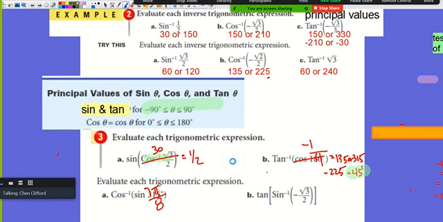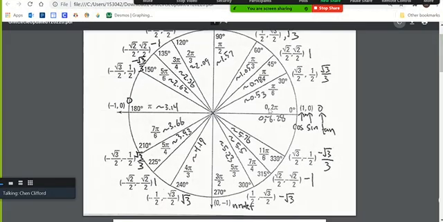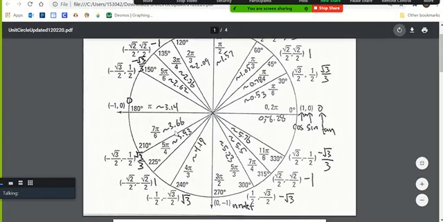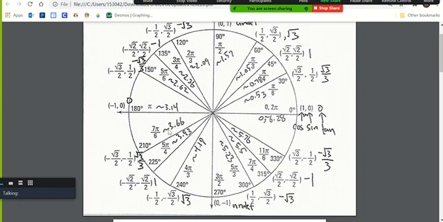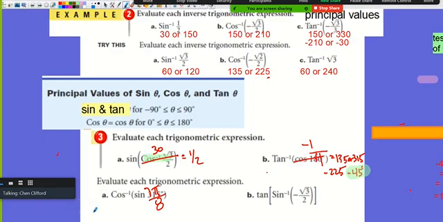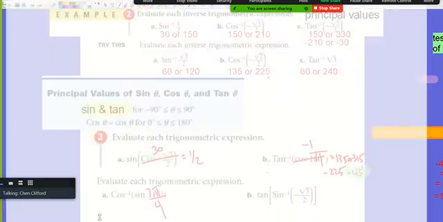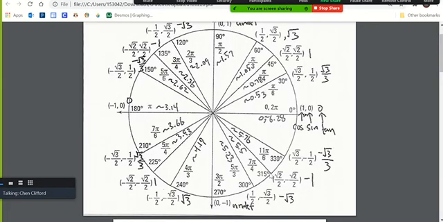Sine of 7 pi over 8. Okay, we're on A right here. Sine of 7 pi over 8, that lands us right over to, okay, I don't know why I said 7 pi over 8. I meant to say sine of 7 pi over 4. That is going to land us right over here, and the sine is going to be the second value.